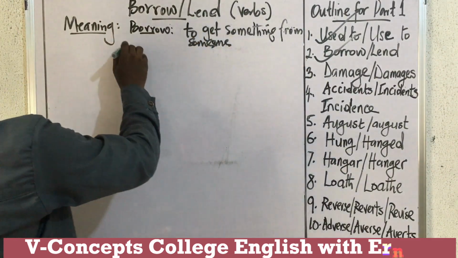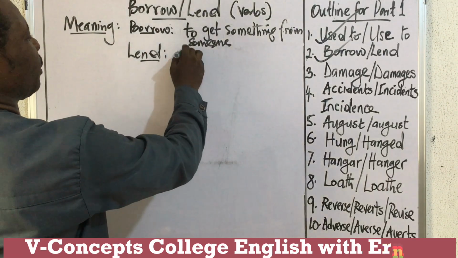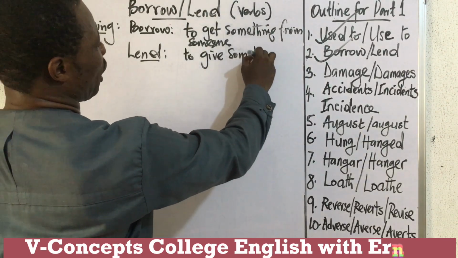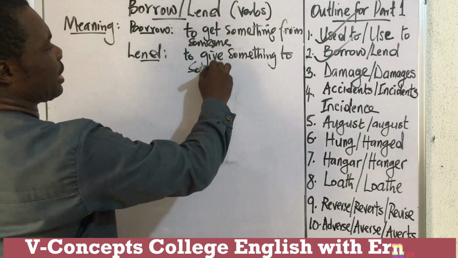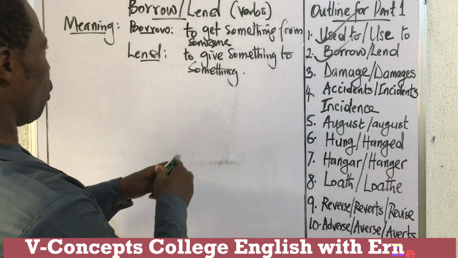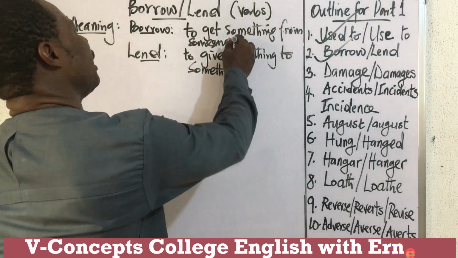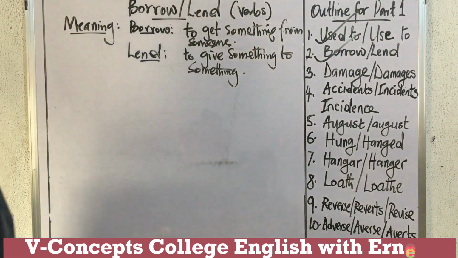Whereas lend means to give something to someone. So this is the short explanation of what these words are all about. To borrow means to get something from someone, while to lend means to give something to someone.